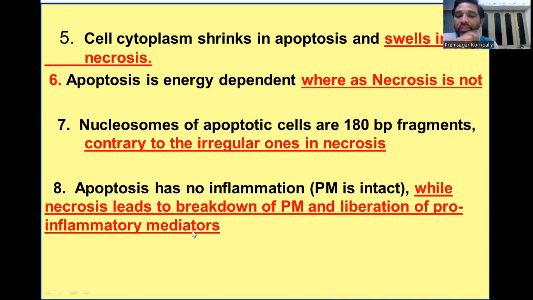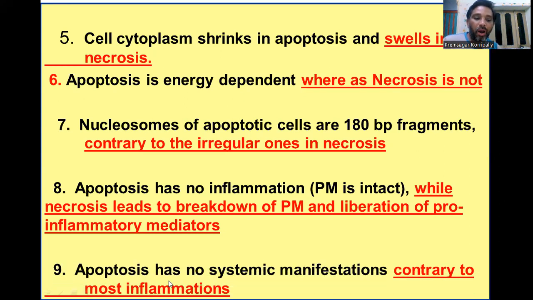Apoptosis doesn't cause inflammation, but necrosis causes inflammation. Apoptosis has no systemic manifestation, contrary to most inflammation. So these are the 9 listed differences between apoptosis and necrosis.